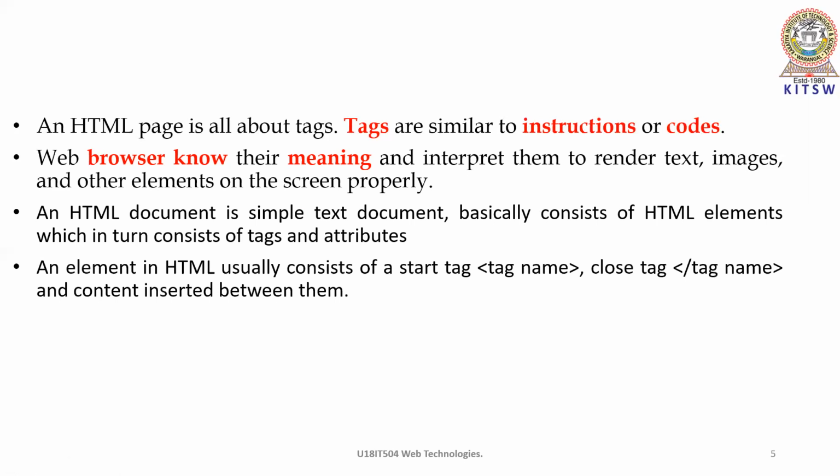An element in HTML usually consists of a tag name, start tag, close tag, and content in between them. This is the HTML element. I am repeating: an HTML document consists of HTML elements, which in turn consist of tags and attributes.